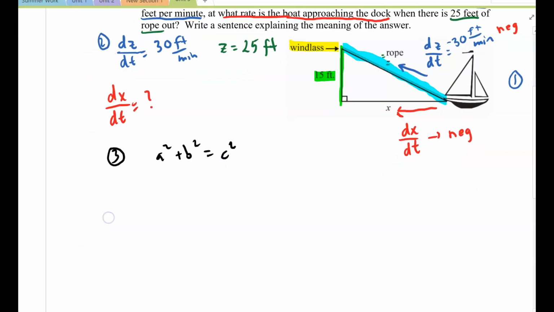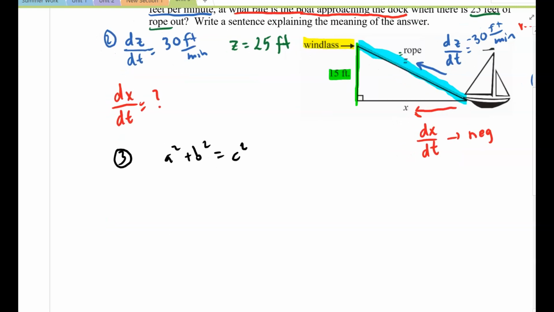Well, I don't have a squared and b squared and c squared. What I have is 15 feet squared, plus my b, which is x squared.